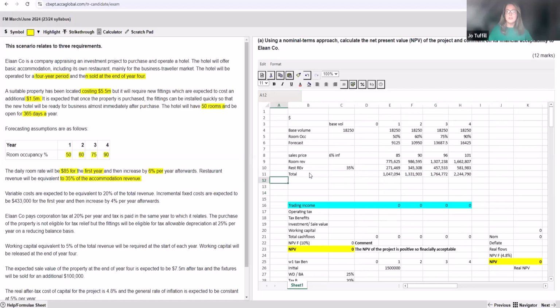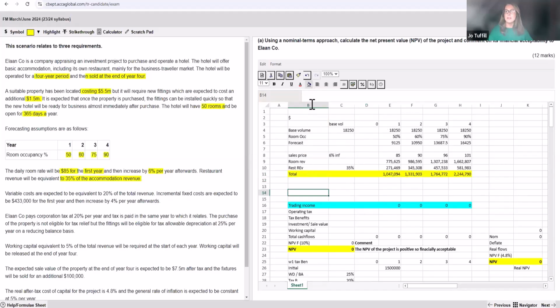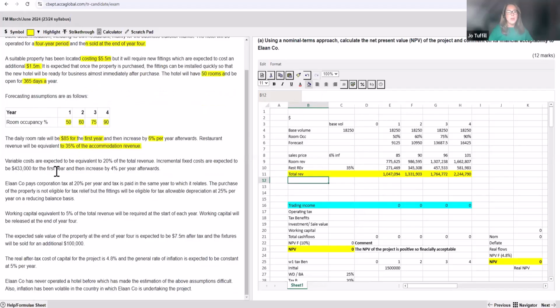So that's our revenue, that's our first line that we needed. I tend to highlight things so I can see as I go. So that's my first line I need, total revenue. So hopefully I get some marks for doing that correctly. Now I need to look at what's going on here. I've got variable costs expected to be 20% of total revenue and incremental fixed costs expected to be, in dollars, nice, thank you, 433 for the first year.